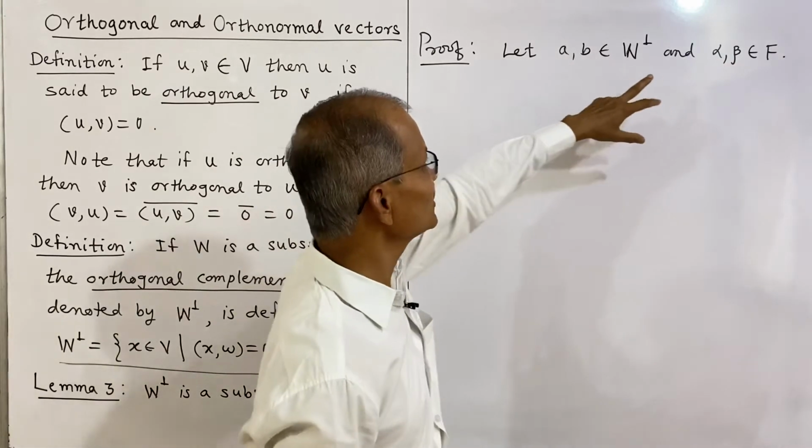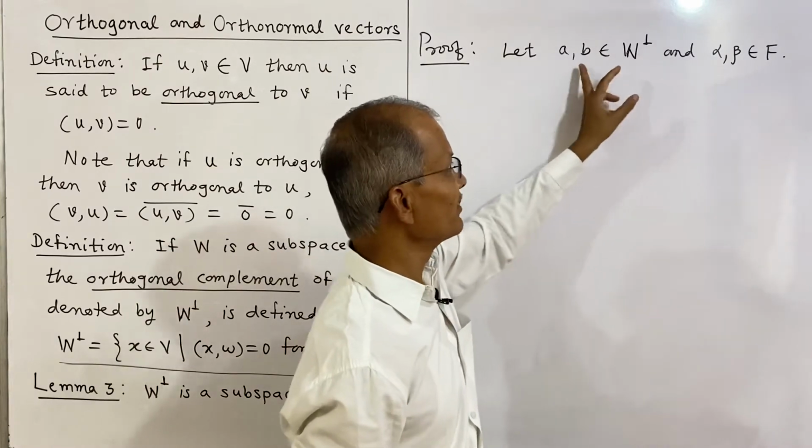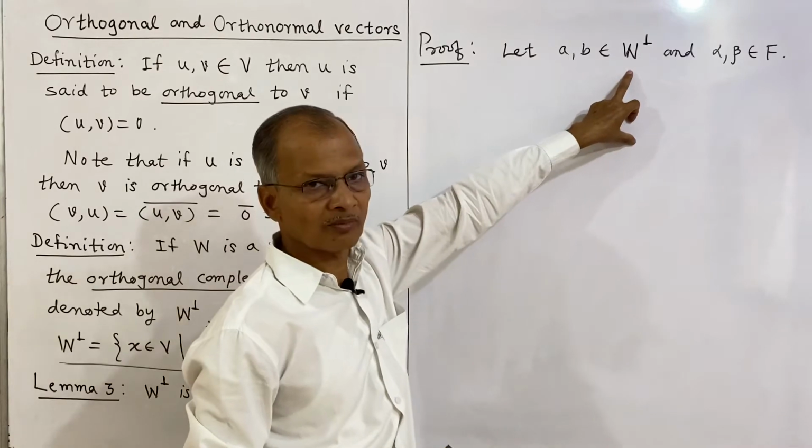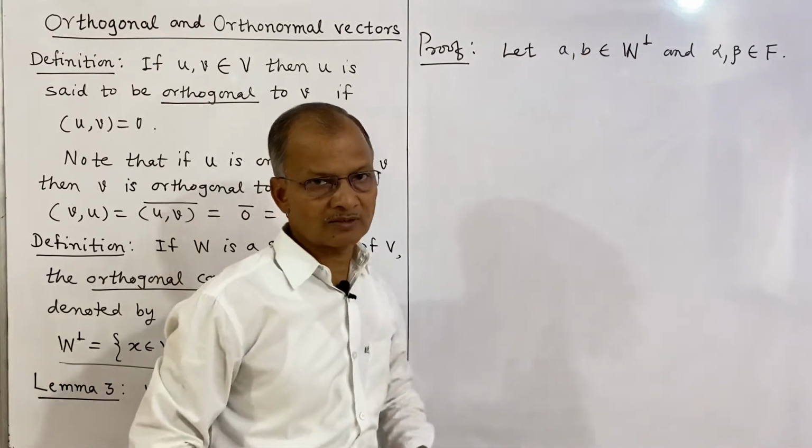Then the linear combination will be alpha A plus beta B.